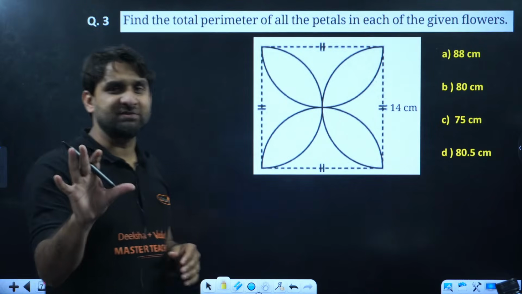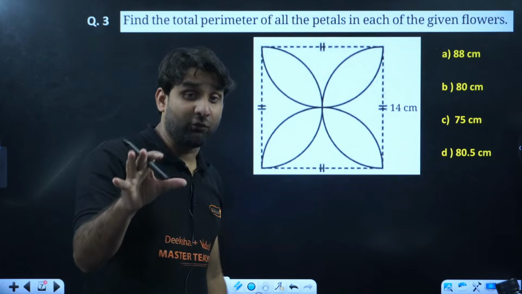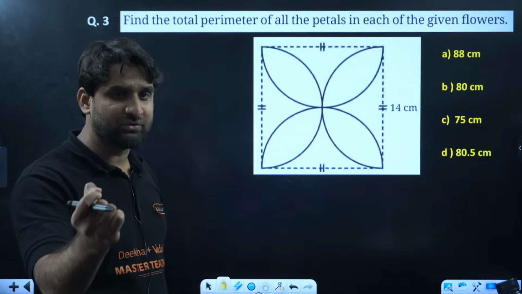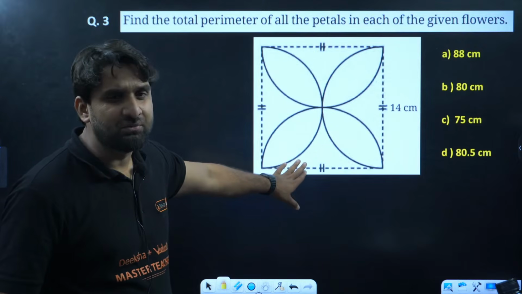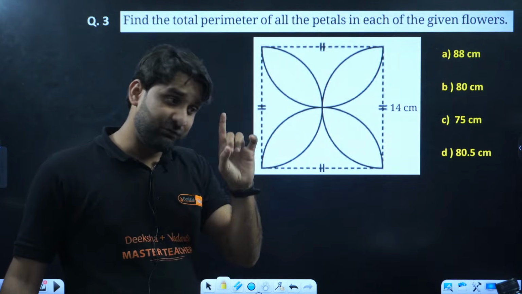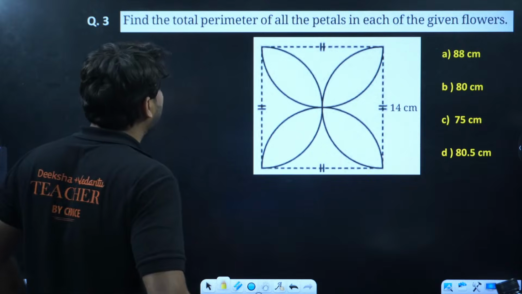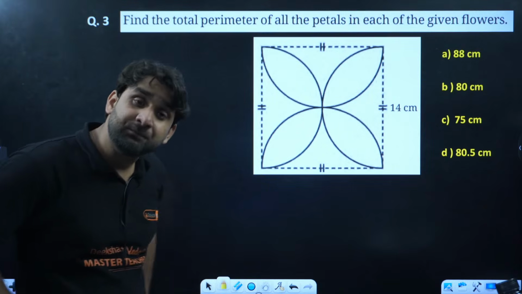One small request: whenever this kind of question comes up in front of you, always read the question carefully first. So what is the question? Find the total perimeter. Again perimeter?